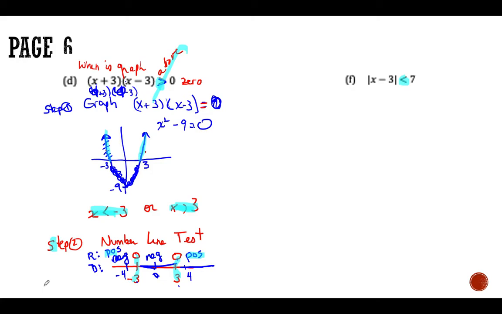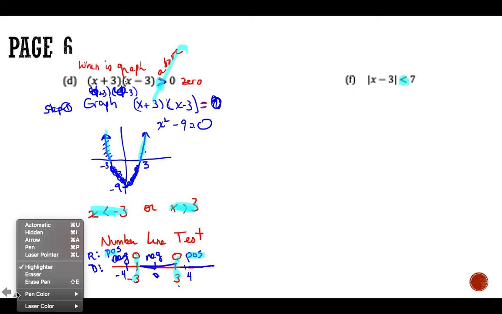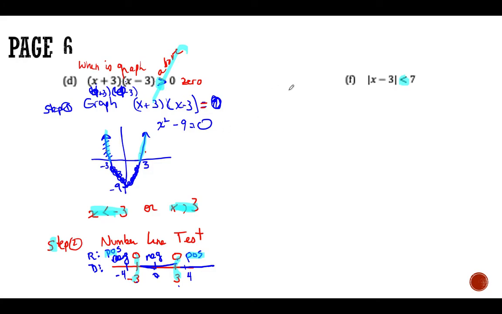So the next one is also an inequality. If you can solve it with graphing, that is your best step. And I don't mean using your graphing calculator. This is an absolute value graph that has been moved right 3.